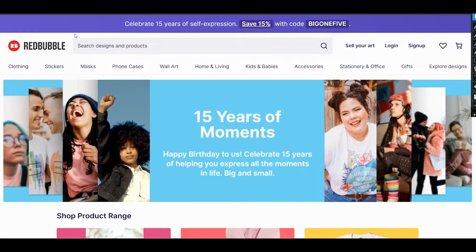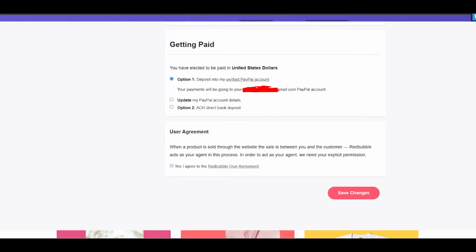So how can you get your profit, your royalties, after you upload some designs and get some sales? You have two main methods. You can be paid to your PayPal account, or you can be paid to your bank account. With PayPal it is more simple, you should just type your email in the section, and you will get your payments.